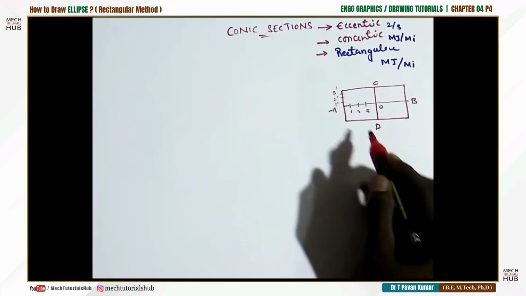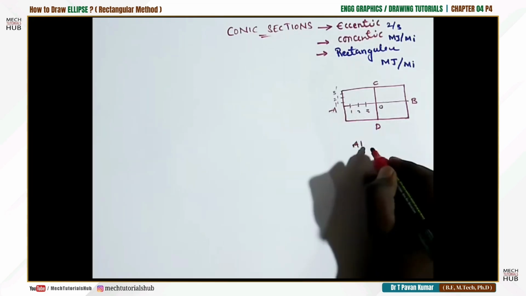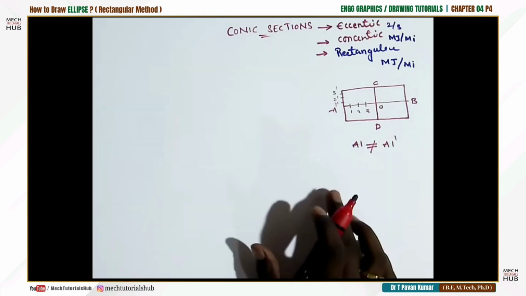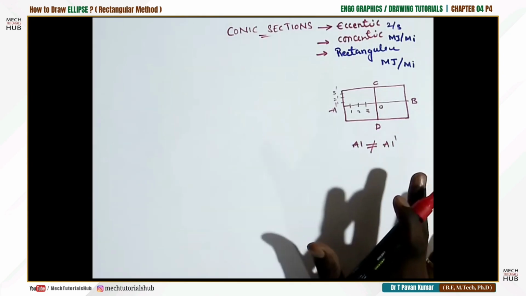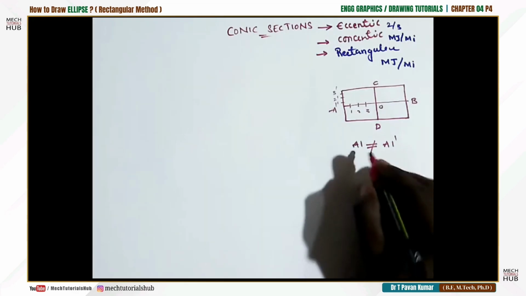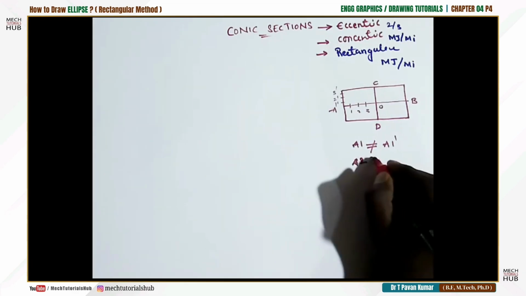Now I'll just confirm one thing. A1, whatever we have considered, is not equivalent to A1 prime. This is the mistake students will perform in general. A1 is not at all equivalent to A1 prime. Similarly, A2 is also not equivalent.